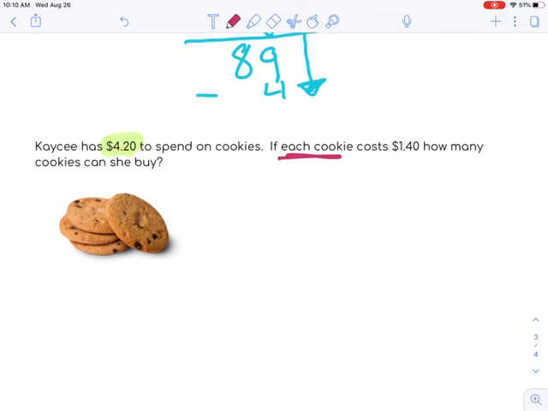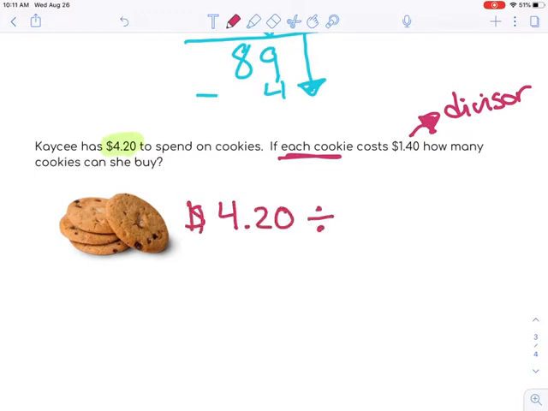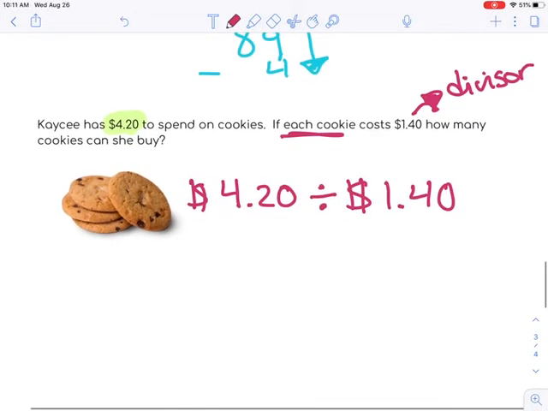And we want to divide that by $1.40, our divisor, to see how many cookies we can actually afford. So we're going to do $4.20 divided by $1.40. Now, when we are dividing by a decimal, we need to turn it into a whole number.